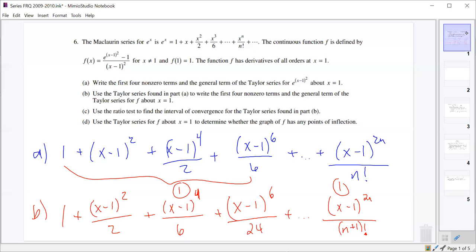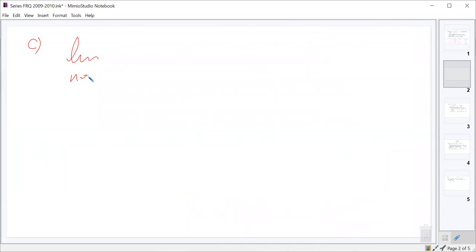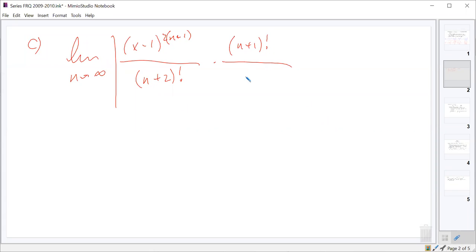For part C, we're looking for the interval of convergence. So we're going to use the ratio test for our series from part B, on x minus 1 to the 2n over n plus 1 factorial. So we'll do the limit as n approaches infinity of x minus 1 to the 2n plus 2 over n plus 2 factorial, multiplied by the reciprocal of the original series, so n plus 1 factorial and x minus 1 to the 2n.